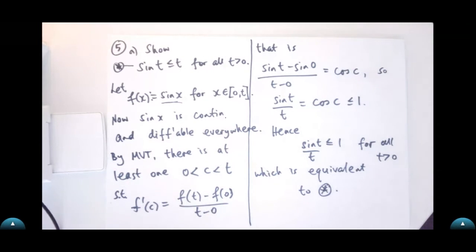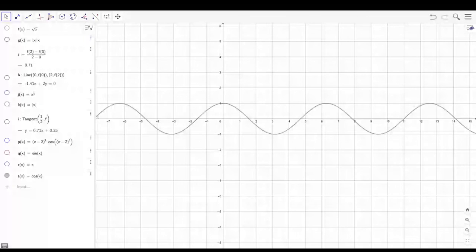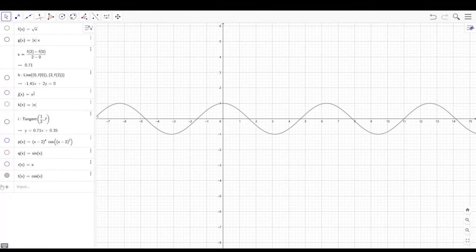Okay. Fard, that's a good question. So did somebody say GeoGebra? Let's have a look at cosine. It's a really good question. I'll put it up. So Fard, you should be able to see that's the cosine graph, yeah?